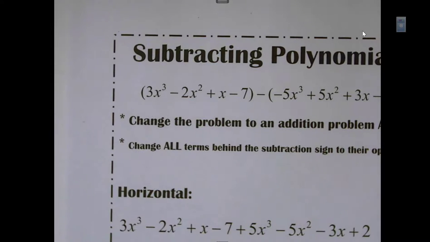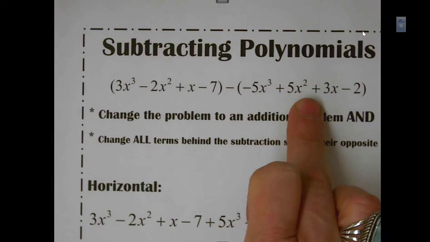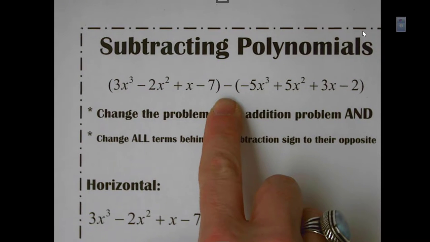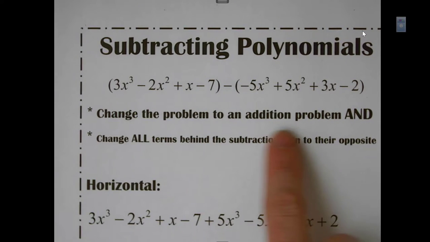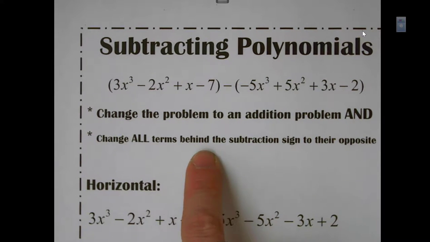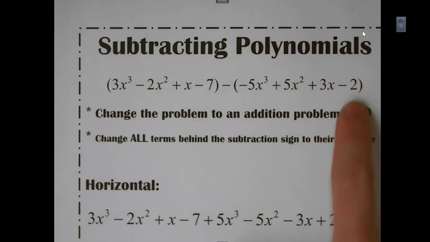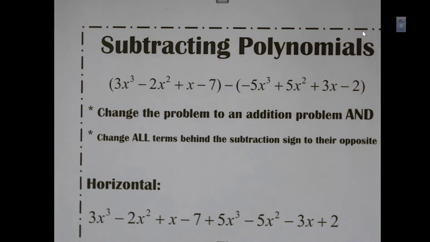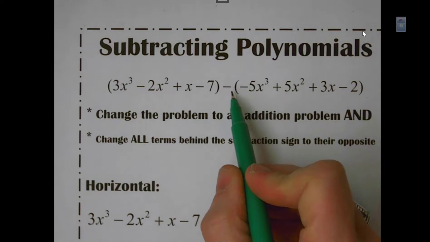Okay, subtracting. So I use the same polynomials, but this time I have subtract in the middle. So what happens when we subtract? You're going to change the problem to an addition and make sure that you change all terms behind the subtraction sign to their opposites. So basically what we're doing is we are distributing a -1.